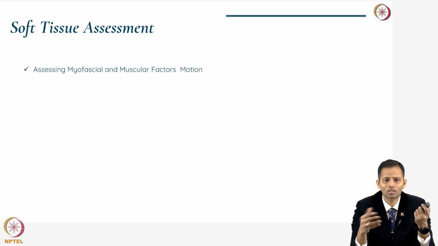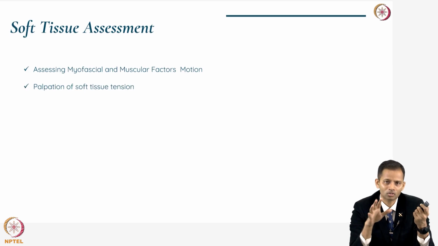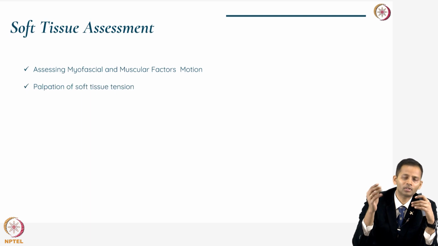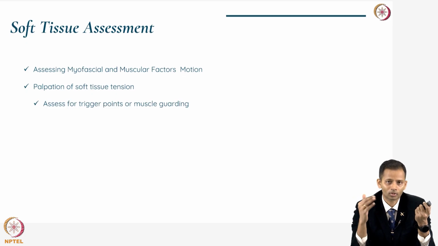You can assess using soft tissue palpation, basically palpating around the joint along the lines of various fascia and ligaments. You get to know whether there is thickening of a particular soft tissue or the superficial or deep fascia.